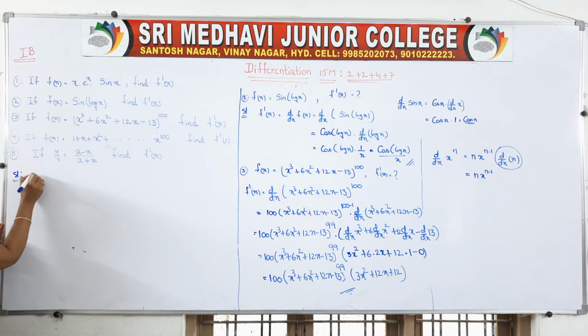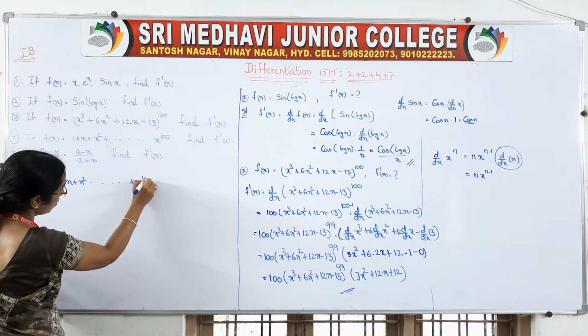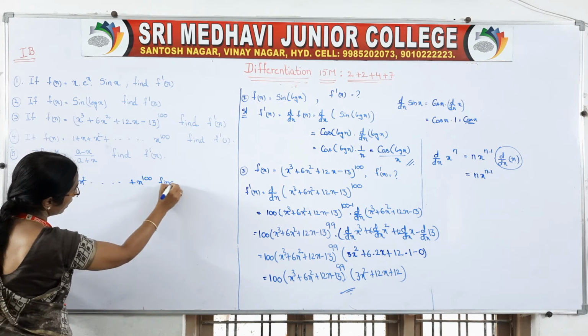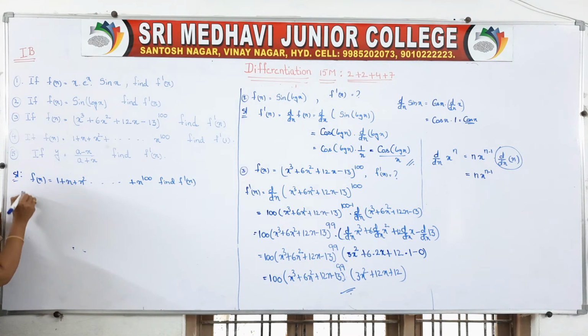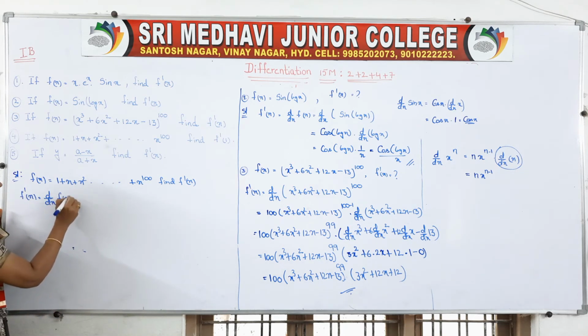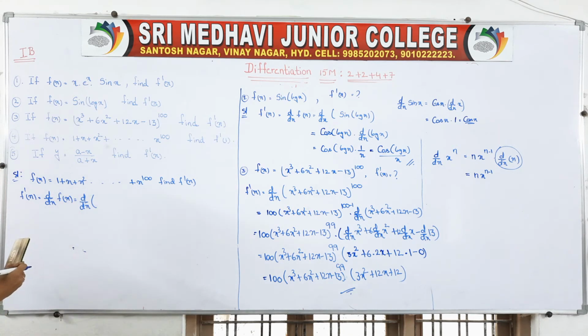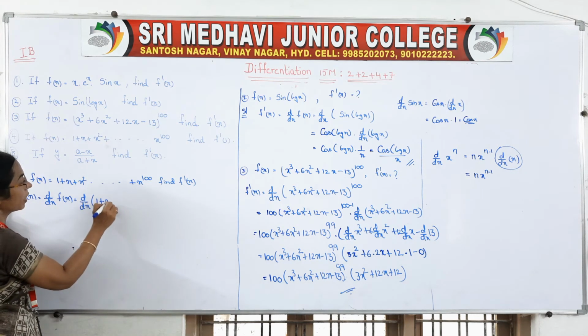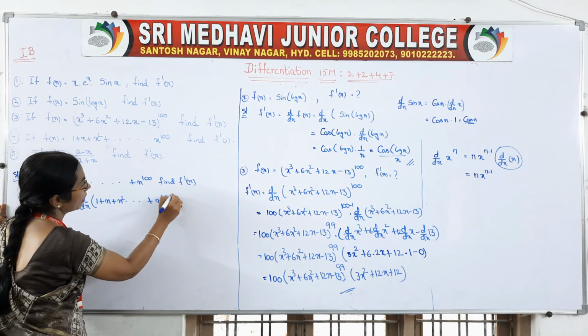So f dash x means it is d by dx of f of x, right? What is that? 1 plus x square plus and so on up to x to the power of 100.